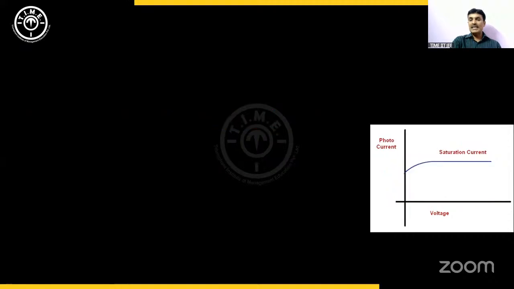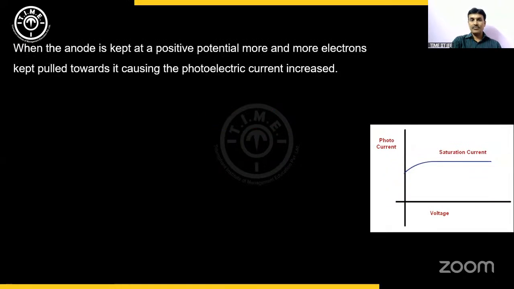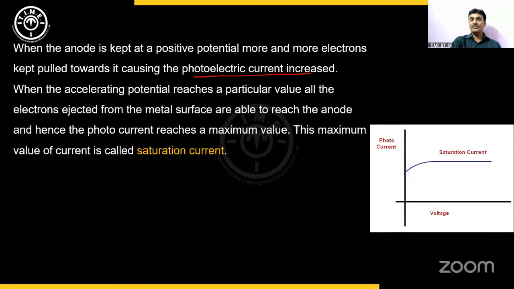That's what is the saturation current. When the anode is kept at positive potential, more and more electrons get pulled towards the anode, causing an increase in the photoelectric current. After a particular value of this accelerating potential, there is no further increase in the current because all the released electrons are collected by the anode.